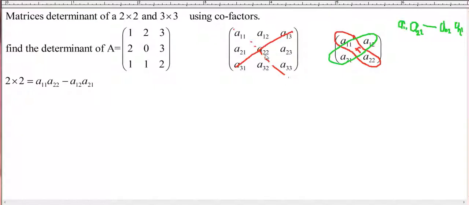So if you are using cofactors, we are trying to reduce this matrix here. Let me give you an example before we go on to the question that we want to do.